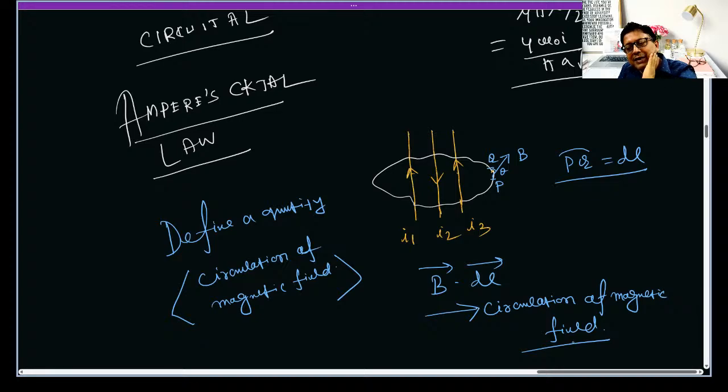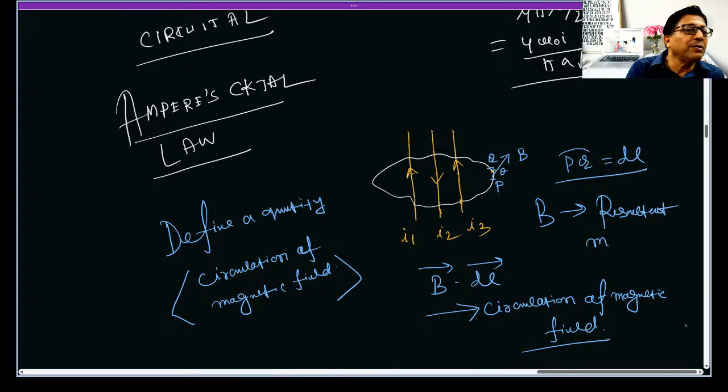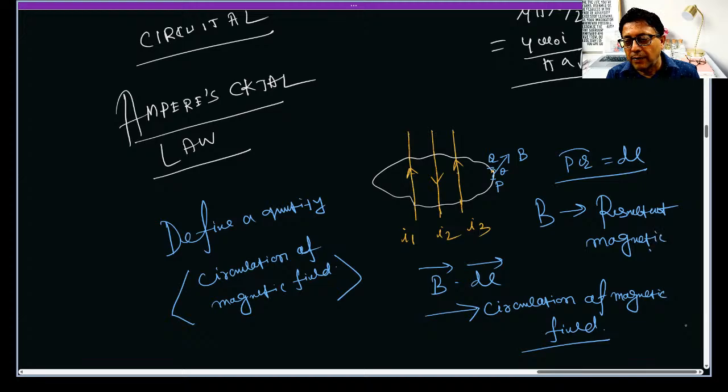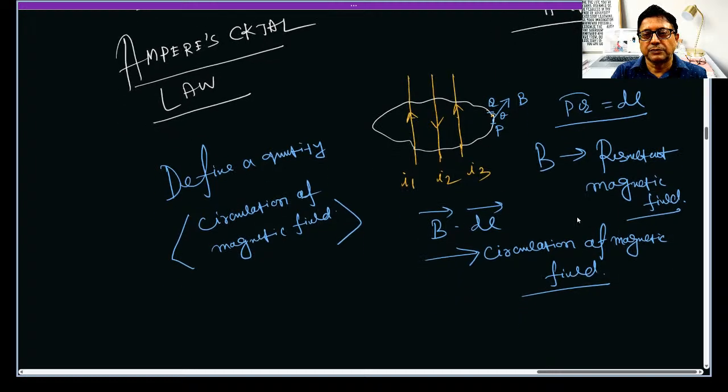We want to write the net circulation. The net circulation of this B: B at a point is the resultant magnetic field. Why resultant? Because many wires are there. Resultant field will be there. The resultant magnetic field is B. Then B dot dl is the circulation of magnetic field.